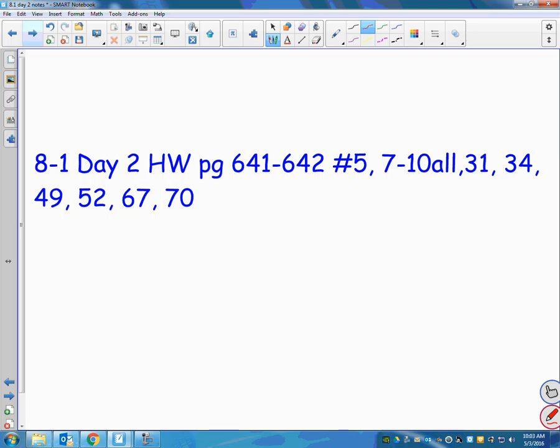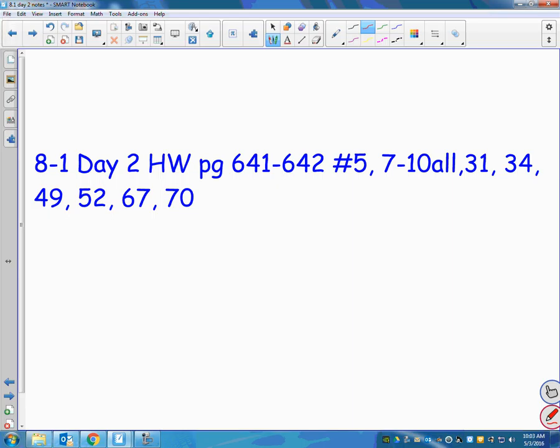Kind of get used to that. And then 31 and 34 are graphing. 49, 52, you have to complete the square. And then 67 and 70, I think, are multiple choice. So I think there's just 2 graphing ones on here.